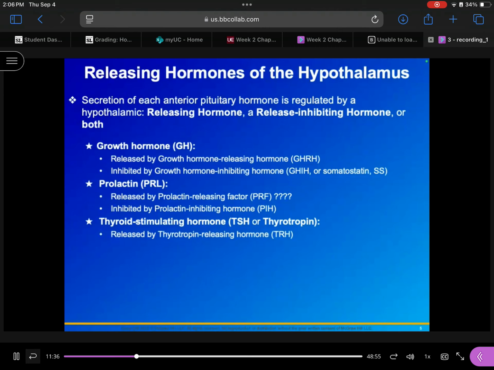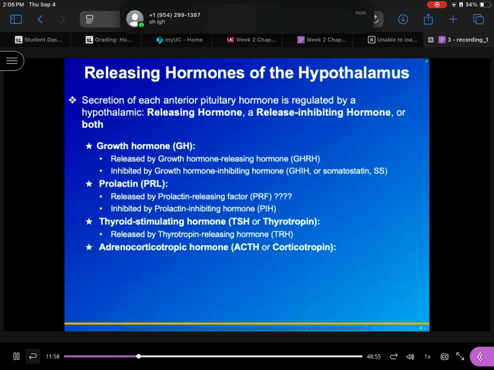All right, so it's going to be released by thyrotropin releasing hormone. So TRH releases TSH to release T3 and T4. That's future. All right, and we do not have an inhibiting hormone for that. If I remember correctly, it's primarily controlled by just negative feedback mechanisms, or that's what we know so far.